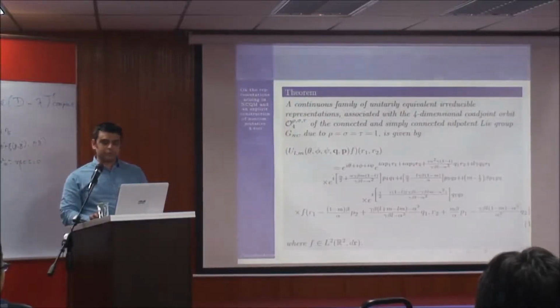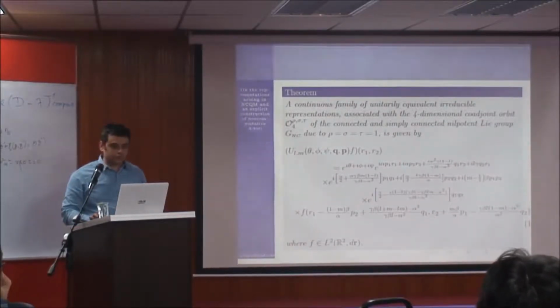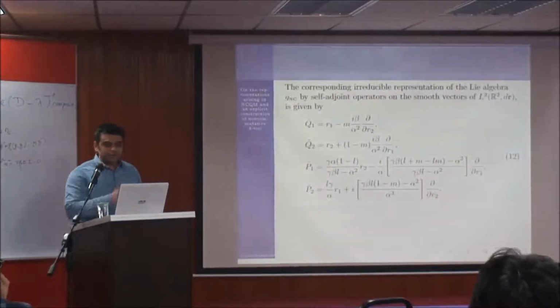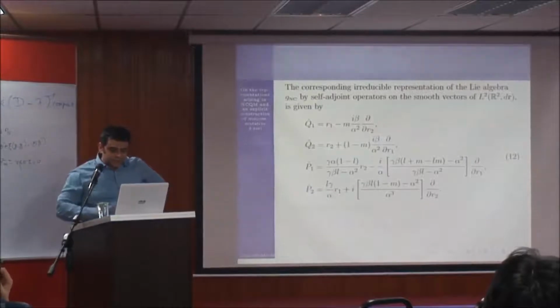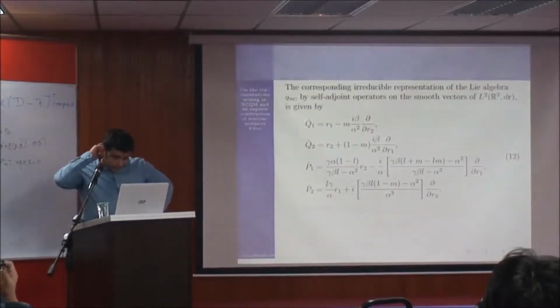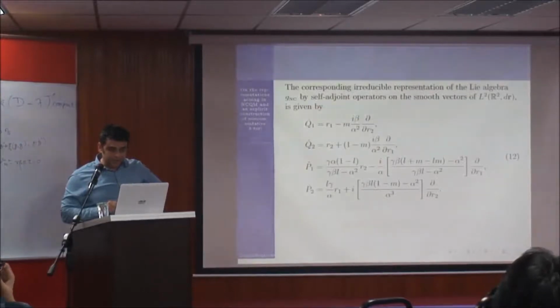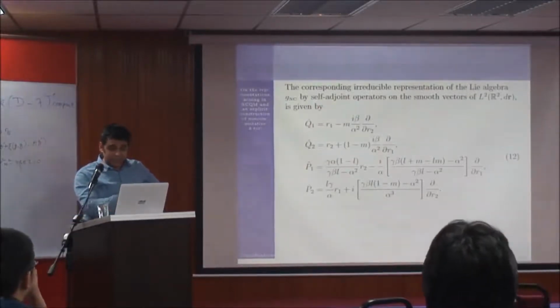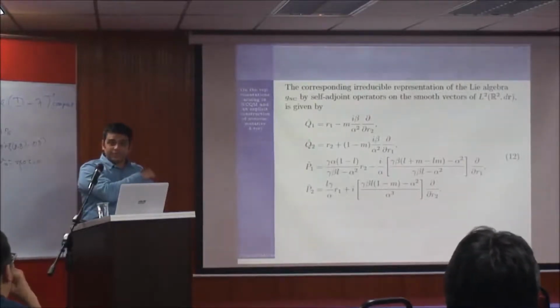The proof is rather simple, but there is a somewhat lengthy computation you have to do to check that it holds. Now this is the corresponding representation of the universal enveloping algebra. You see that both parameters L and M of the family of unitarily equivalent representations appear here. If you plug in M equal to 0, you will get the Landau gauge representation.